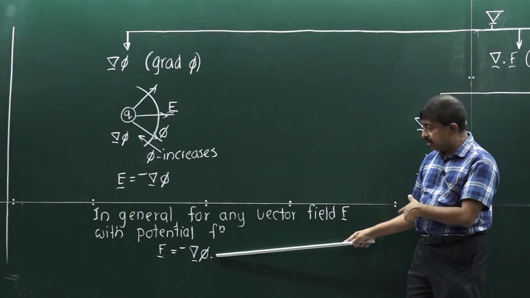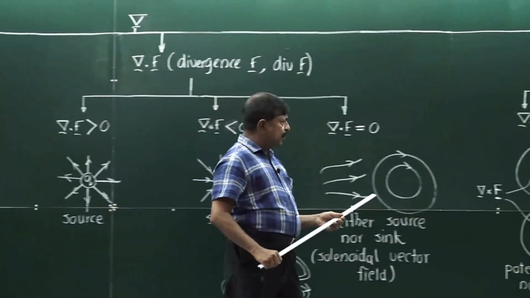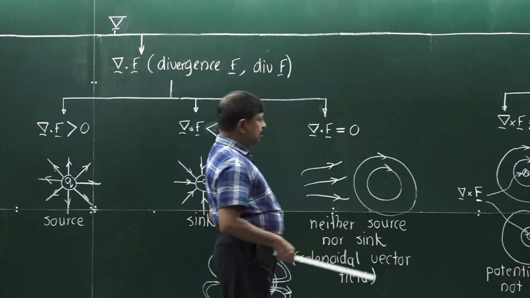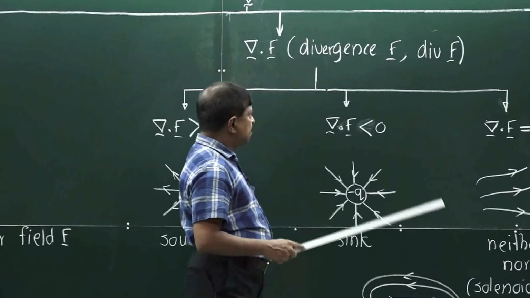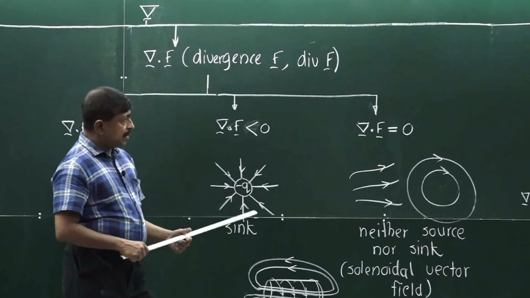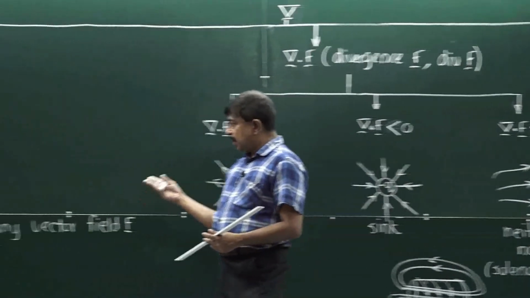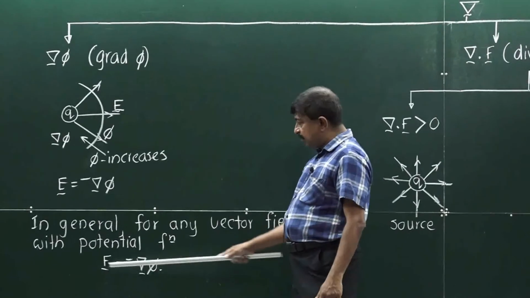There's a way of doing it. Okay. Now, in the next video, we'll do some problems, especially pertaining to solenoidal vector fields and irrotational vector fields, as well as how we find a potential function once the vector field is given.